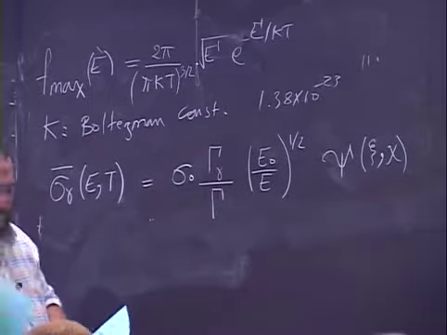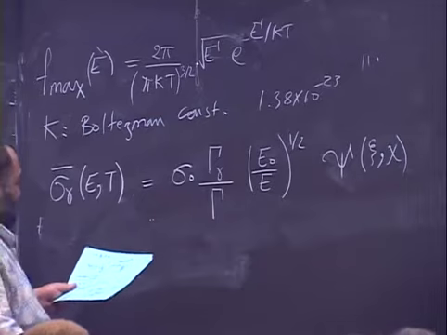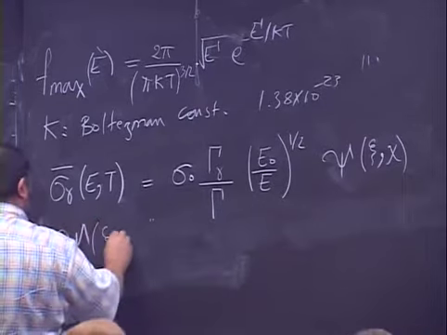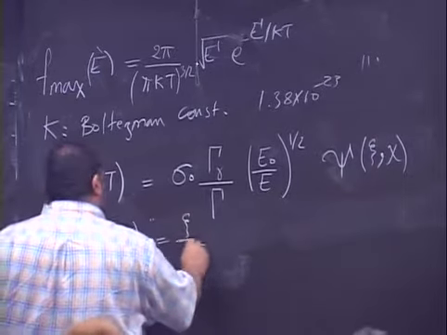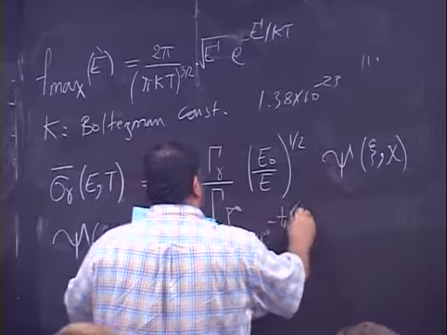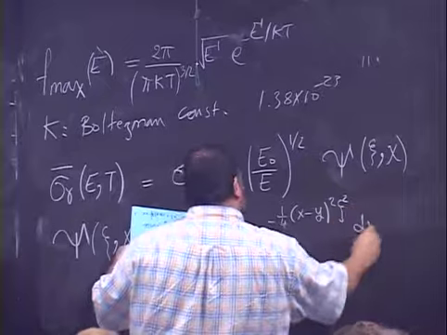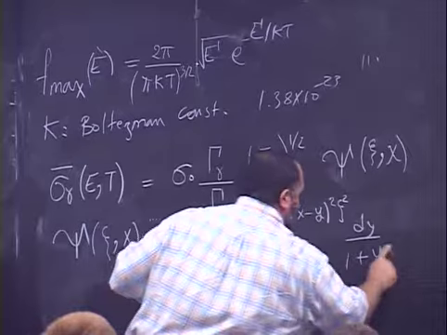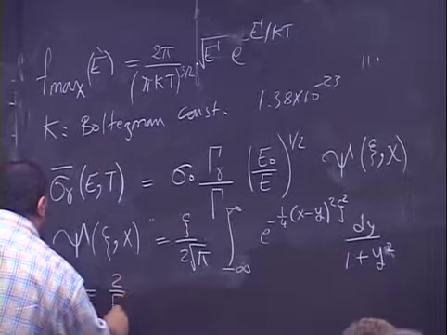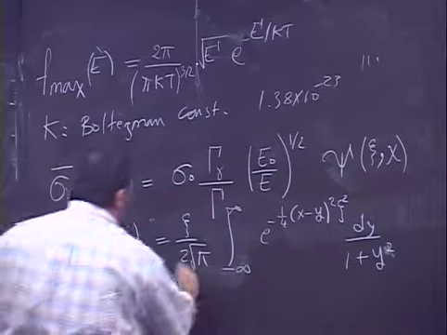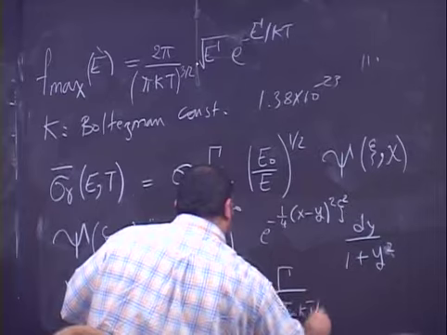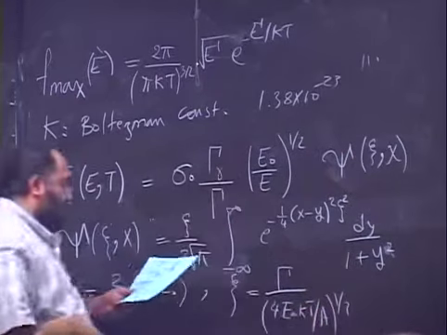So this function is just equal to, and x in here is just 2 over the total width multiplied by E minus E naught, where A here is the atomic mass number.